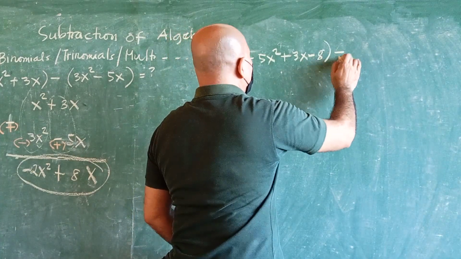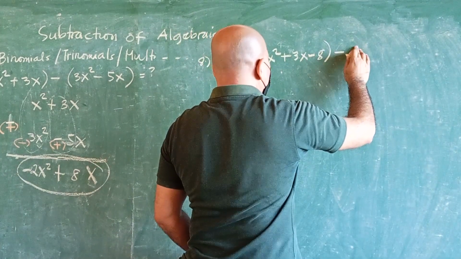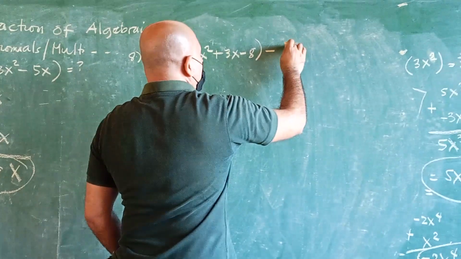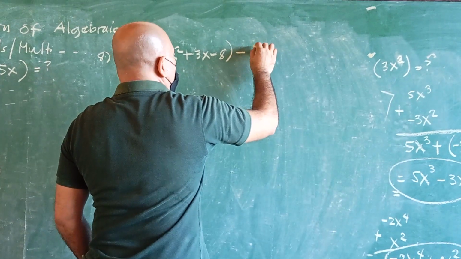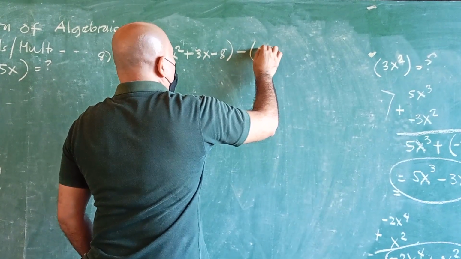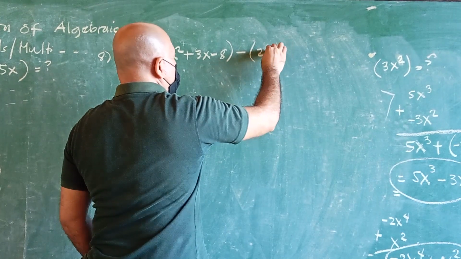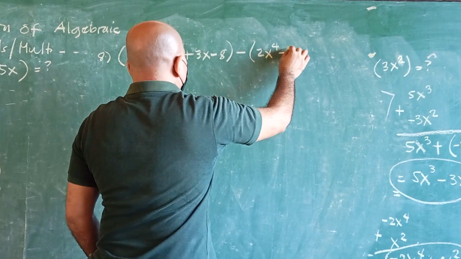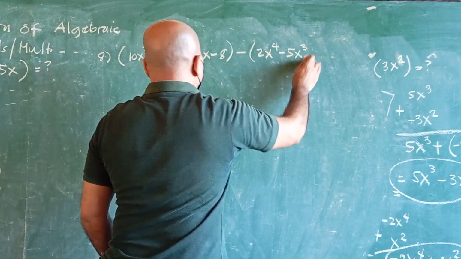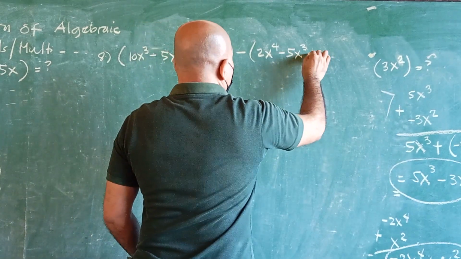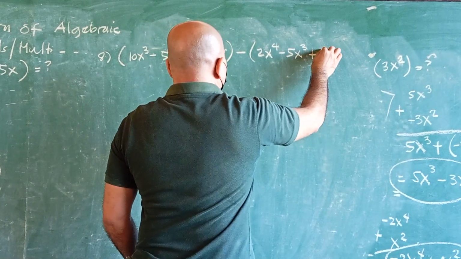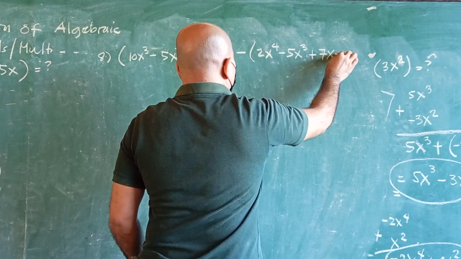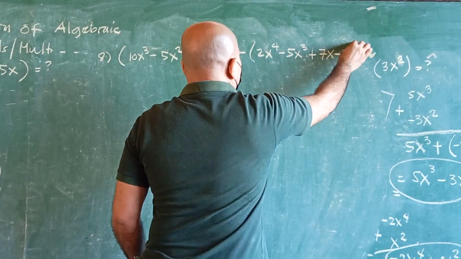And then minus, the operation is, so we say we have 2x raised to the power of 4, and then minus 5x cubed and plus 7x minus 12.